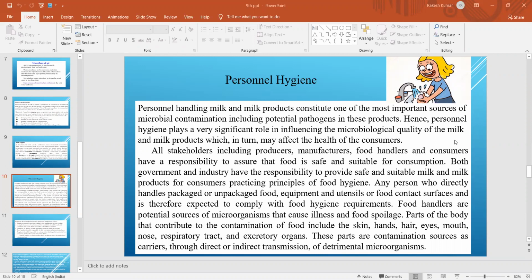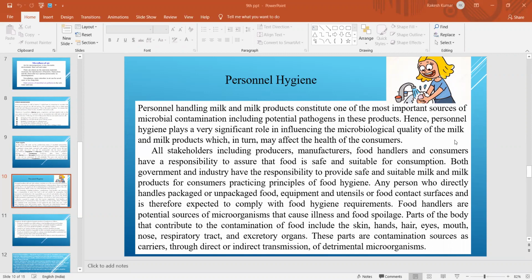And what is happening if a person is suffering from some kind of disease, automatically the responsible contaminating microorganisms for creating that abnormality in humans will gain entry into your product.